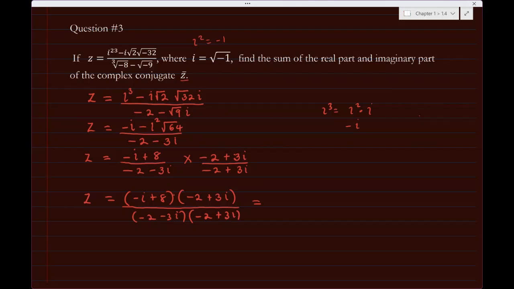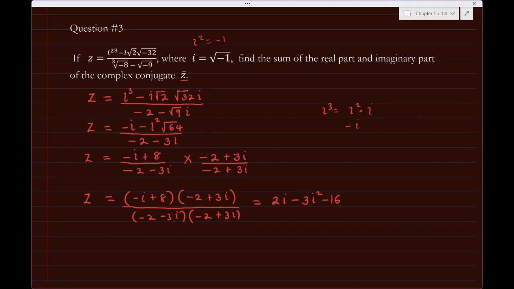Now, this is multiplication. So minus i times minus 2 becomes 2i. Minus i times 3i, this will be minus 3i squared. Then 8 times minus 2 is minus 16.